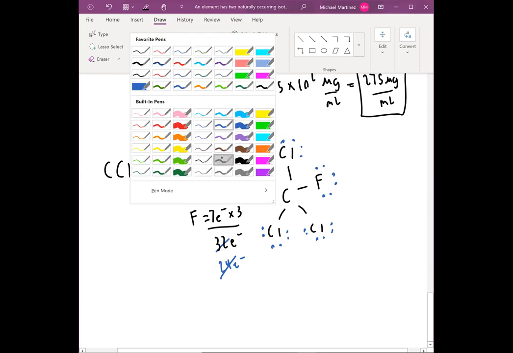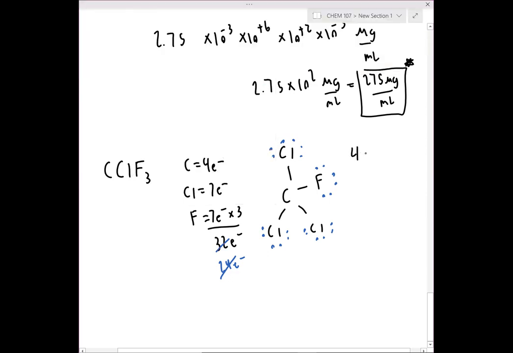Looking at this structure, if we have 4 bonded atoms, what geometry occurs when we have 4 bonded atoms? Tetrahedral. Tetrahedral, exactly right. So this is a tetrahedral molecular geometry, because not only do we have 4 bonded atoms, we have 0 lone pairs.